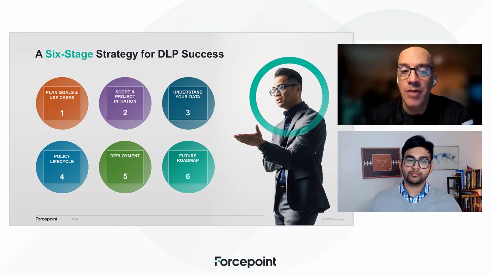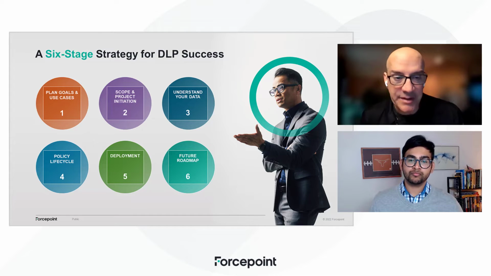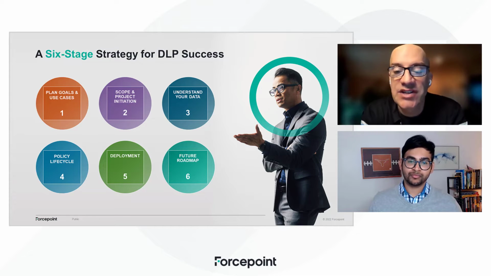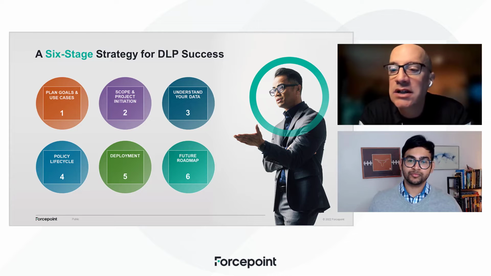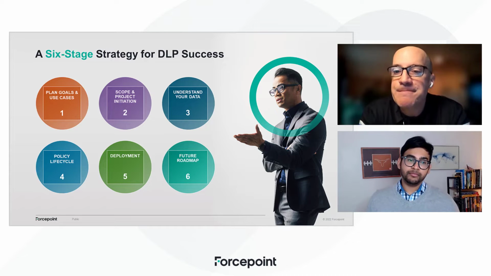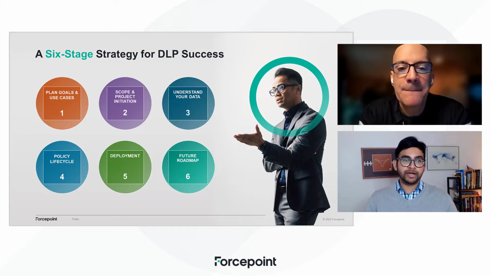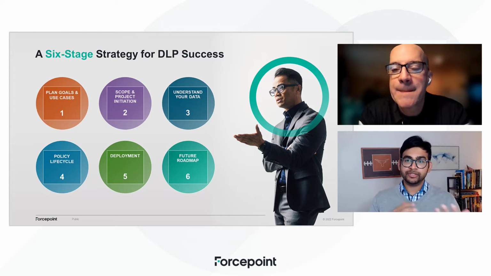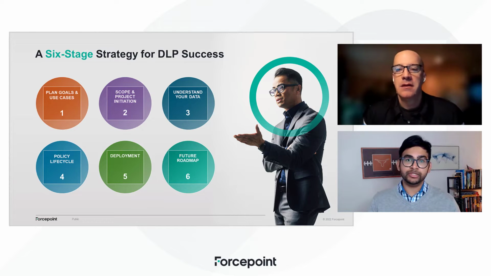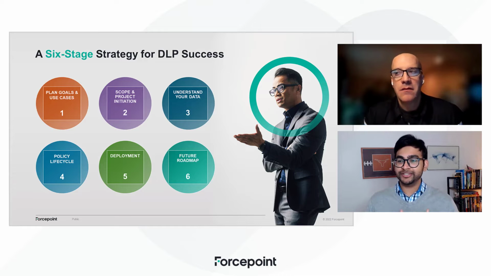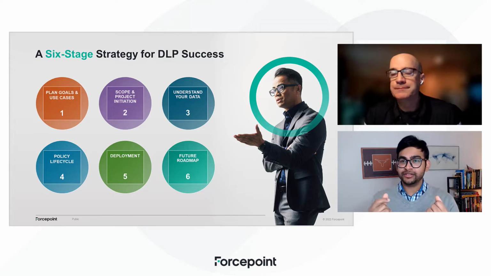The plan that we're going to be talking about today is a 6-stage strategy. I'm going to hand it off to Abdul, if you can go ahead and share what those 6 steps are. Overview. Yeah, and just to underscore, Kevin, the problem statement and why we have these 6 strategies: we hear all the time from customers that there is a knowledge gap, and they think it's complex because the ROI isn't as fast.